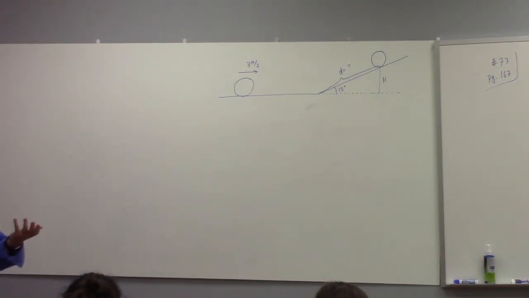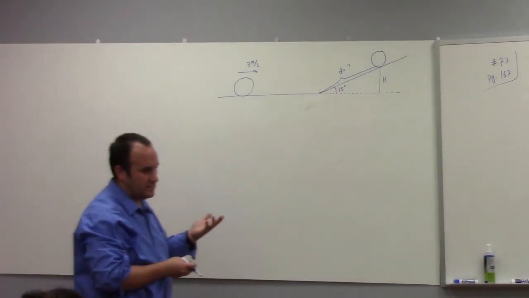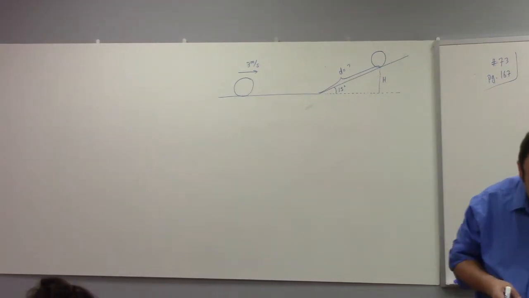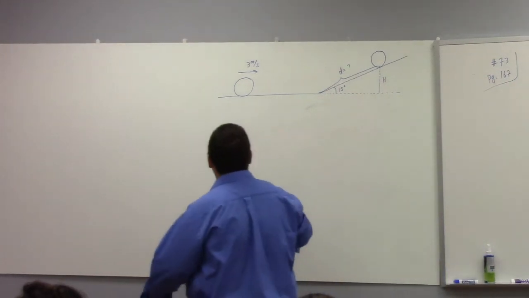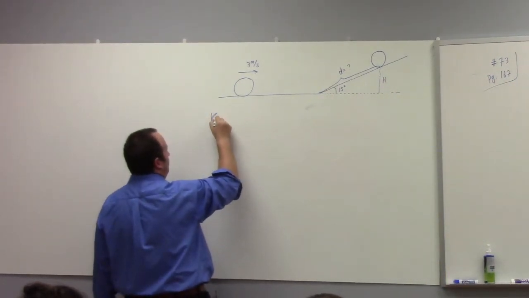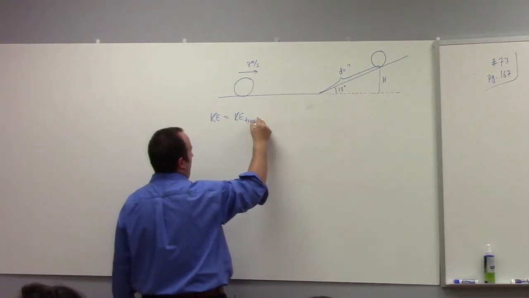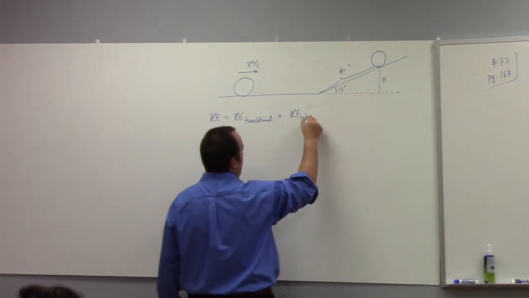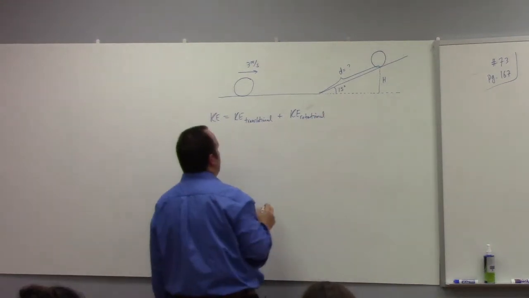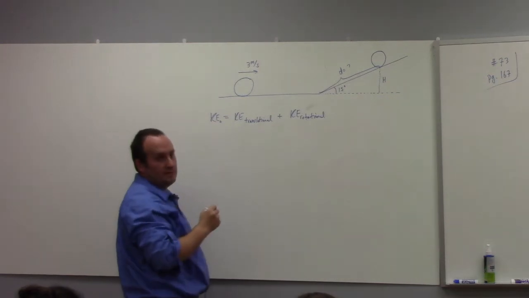Conservation of energy is the way to go. So what kind of energy does this hoop have? It's rolling without slipping, right? What's its mass? Do we know? Oh, it didn't tell us the mass. So the kinetic energy is equal to the translational kinetic energy plus the rotational kinetic energy, and this is at the initial point.